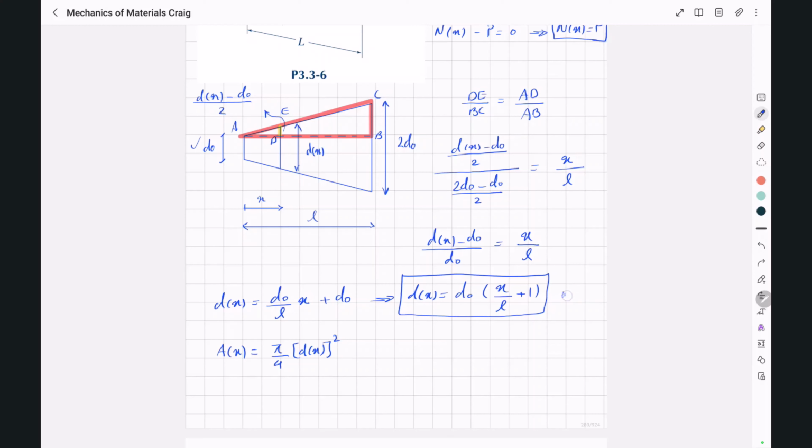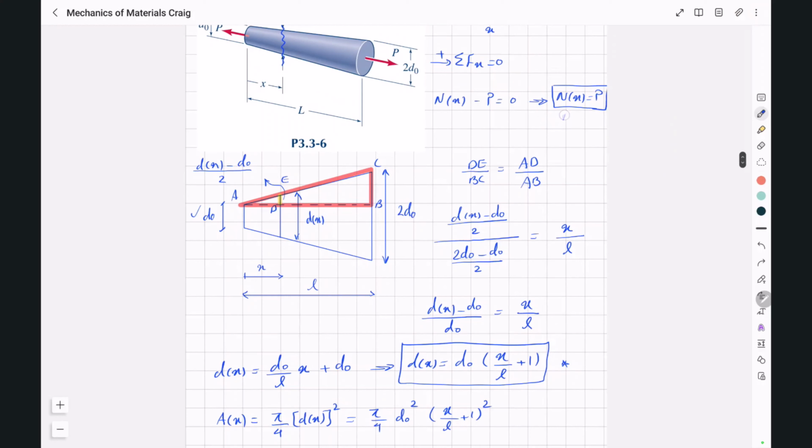And we can use this dx in this equation, so we can write Ax is equal to pi divided by 4 D0 to the power of 2 times x divided by L plus 1, to the power of 2.